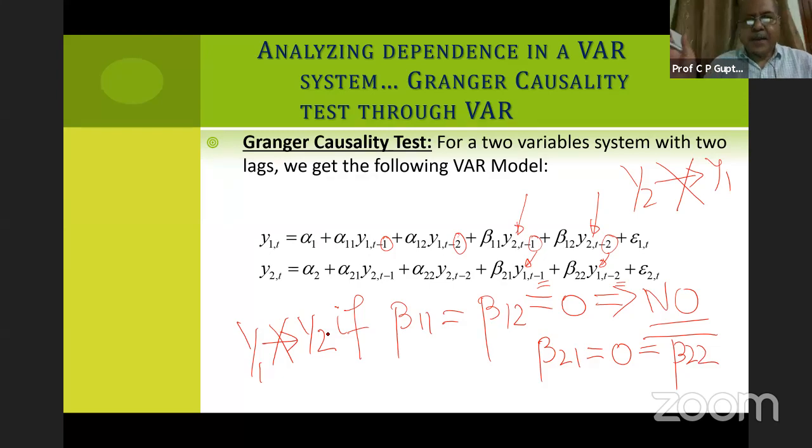That is the basic crux of using the VAR system to prove the Granger causality test. I hope it's clear to you. So when you go into a VAR framework, you must understand what it is that you are looking for.